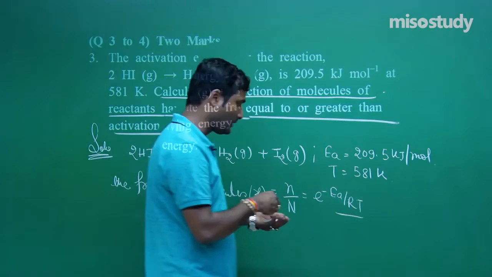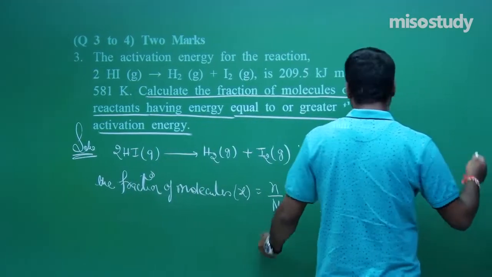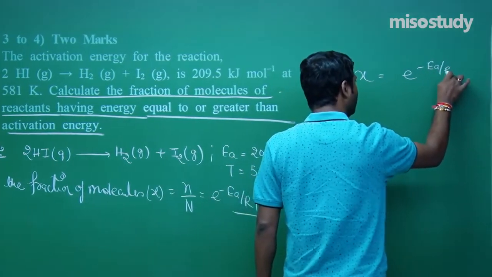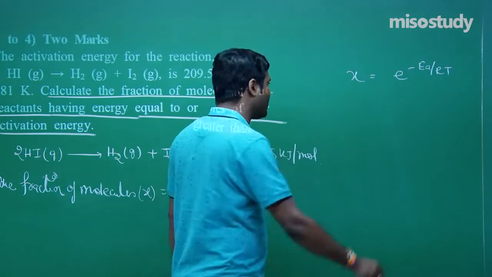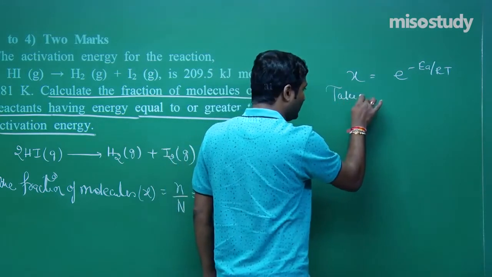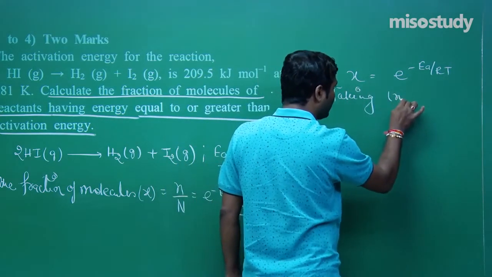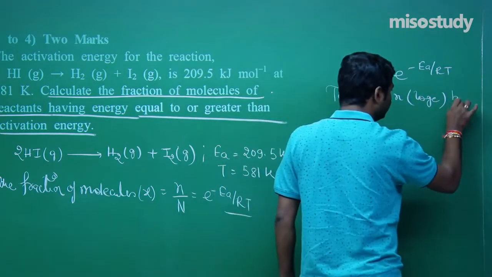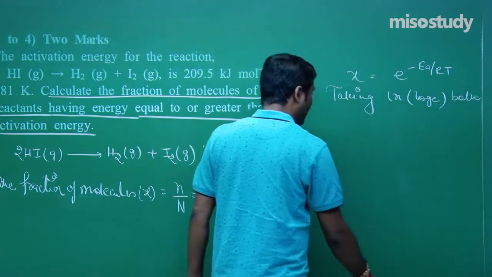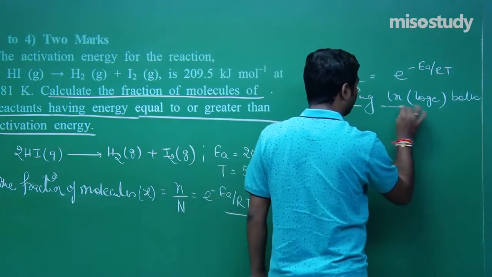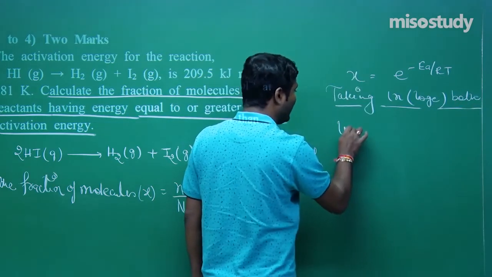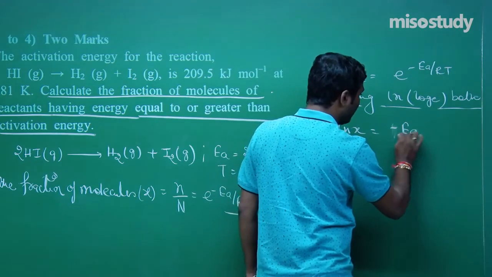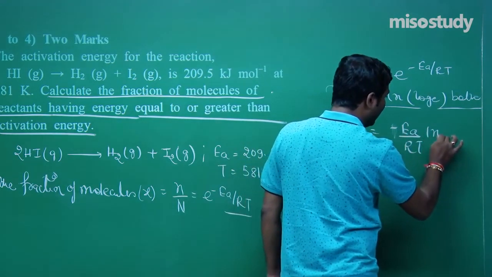Now moving here, check it out, what will happen? X is equal to e^(-Ea/RT). Now take log on both sides, taking ln, that is log to base e. What will happen in this case? ln x is equal to minus Ea upon RT ln e.